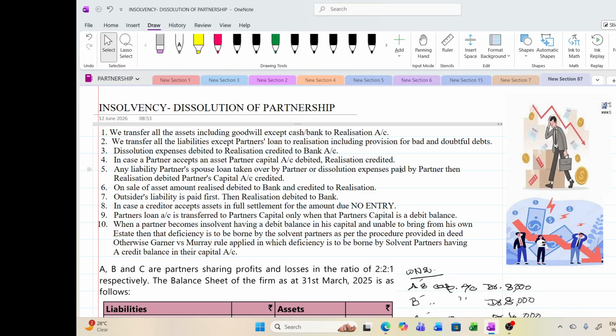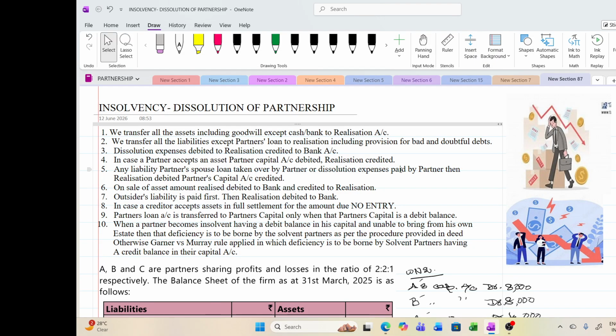In case a partner accepts an asset, you have to be very careful about the amount for which the partner accepts it, not the book value. Whatever the amount agreed upon by the partner, for that amount the partner's capital account will get debited and realization credited.